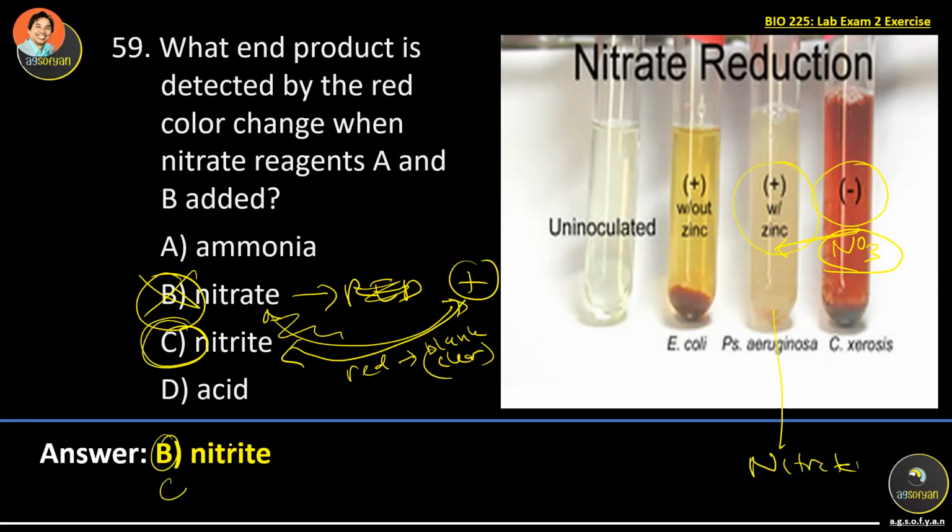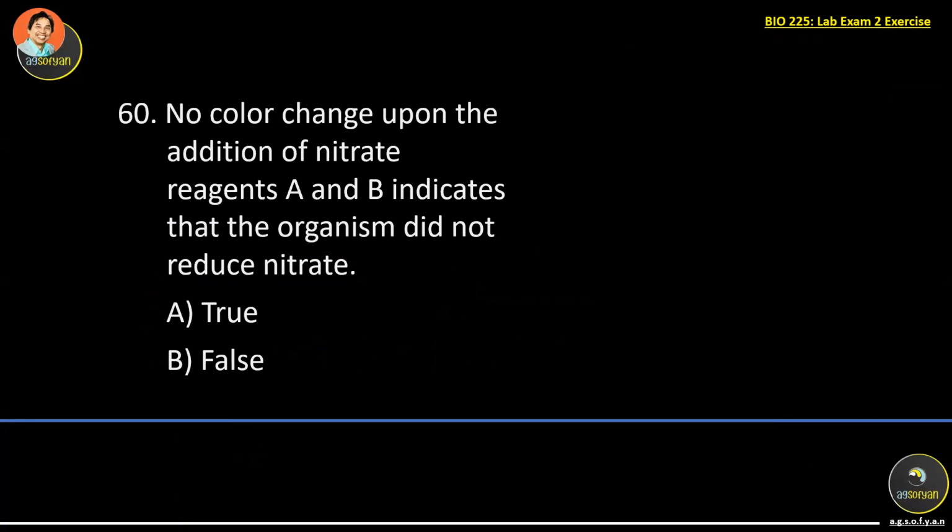Okay, I'm sorry for this. C is the correct answer, nitrite. Now, no color change upon the addition of nitrate reagents A and B indicates that the organism did not reduce nitrate. True or false?